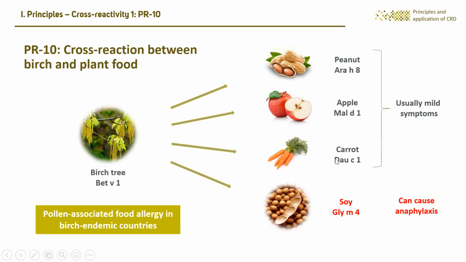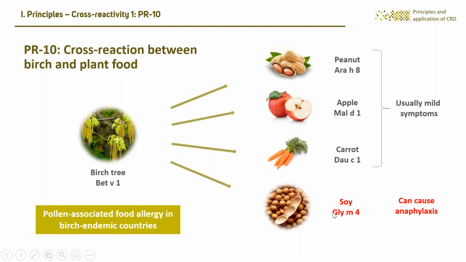Why is that? The background of this is that PR10 proteins are relatively unstable when you expose them either to heat, meaning when food is cooked, or to low pH, which is the case when you eat such a food item and it encounters the liquids in the stomach. So they are rapidly denatured and are not active anymore in terms of their potential to trigger allergy symptoms.